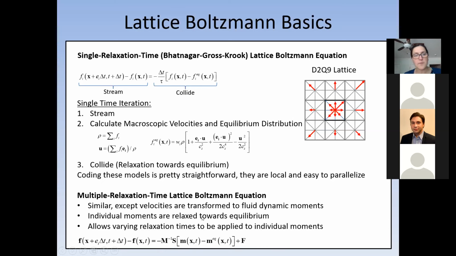And then the second portion that you're missing: there's a formula here for this equilibrium distribution. There's a whole bunch of physicists working on this, and they're basically calculating what these equilibrium distributions should be based on kinetic theory of gases, which this is based on, as well as what it should be so that when I collide over time and do these steps, I'm going to recover the Navier-Stokes equation to a reasonable degree.